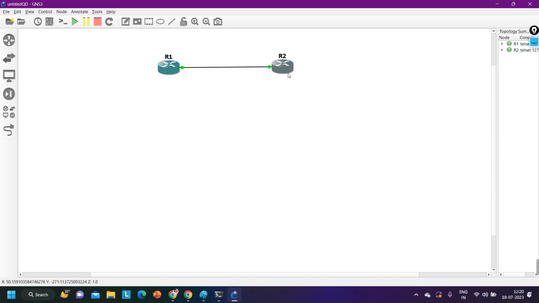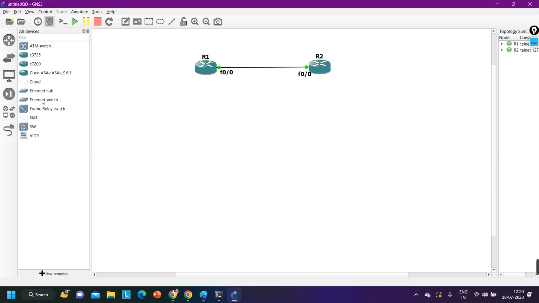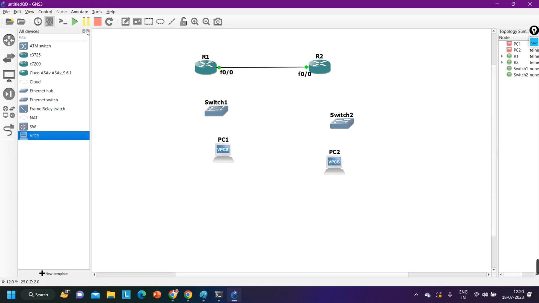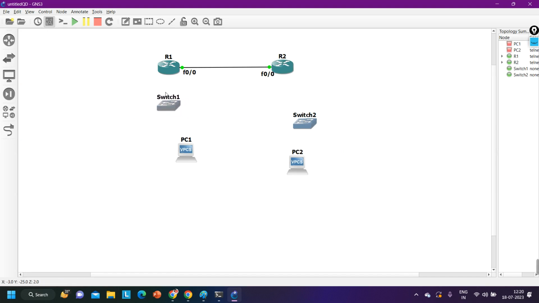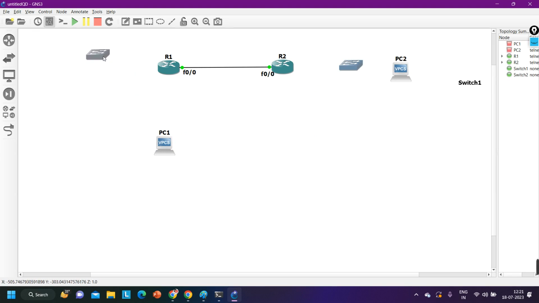And on router number 1, I have one LAN. Let me connect one LAN here, a switch, and let me take one PC as well. This is my topology, a very simple topology.